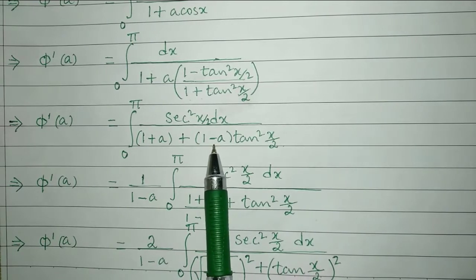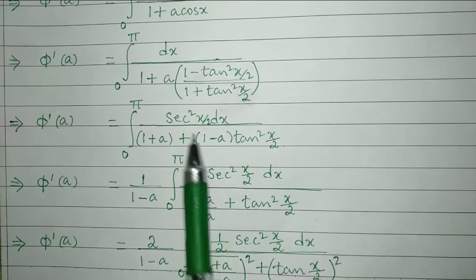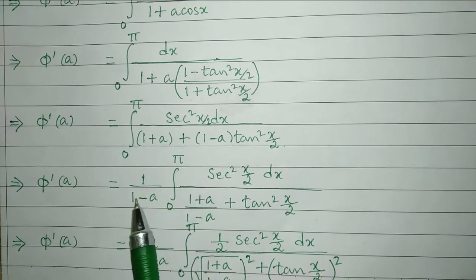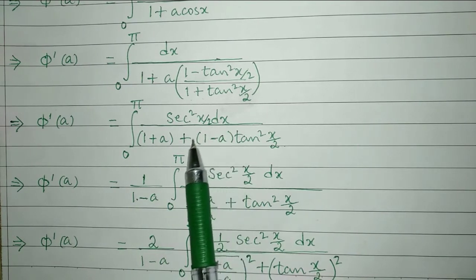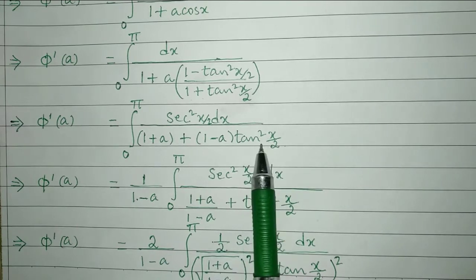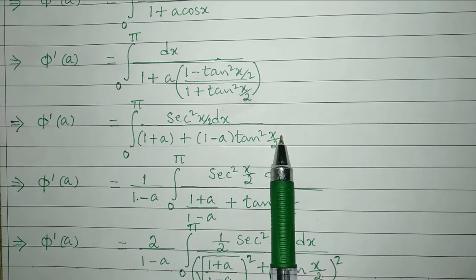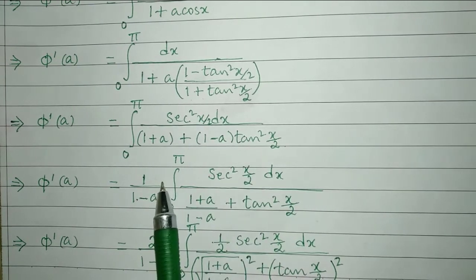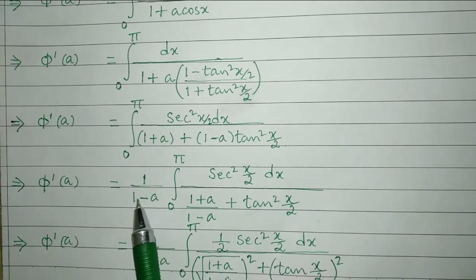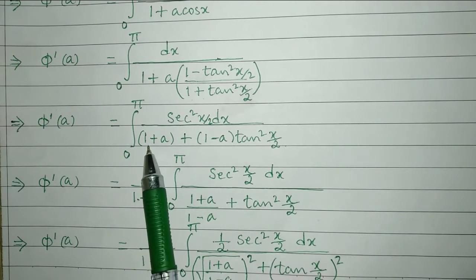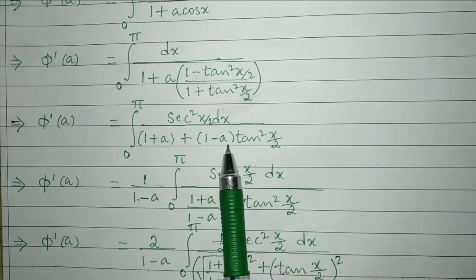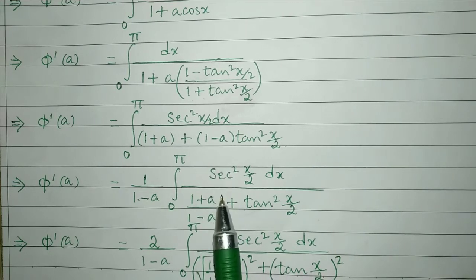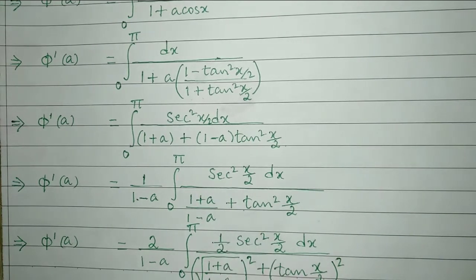Now we divide numerator and denominator by 1 minus a, so that there will be no 1 minus a with this tan square x/2. Upon doing that we get 1 upon 1 minus a, and here we have (1 + a) by (1 minus a). Now there will be no more 1 minus a since we have divided by it.